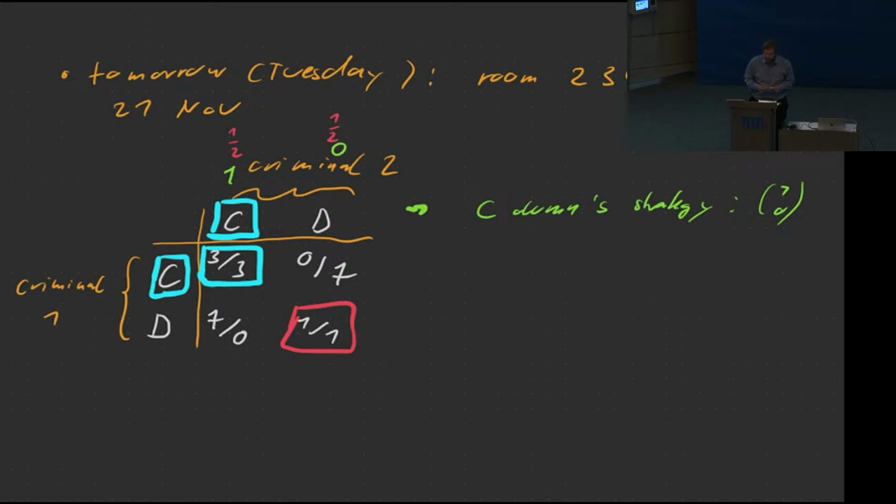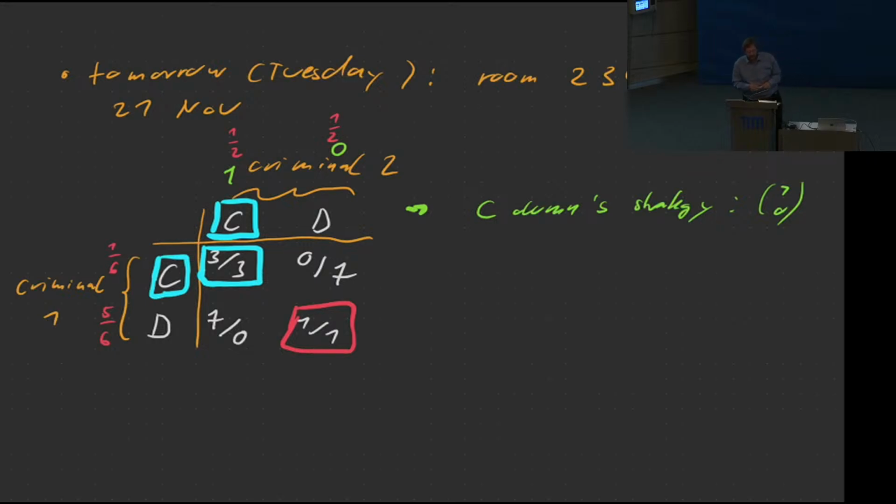Or you could say, I'm going to roll a dice. Let's not flip a coin, let's roll a dice instead. And let's say if I get 6, I'll confess, and for everything else, I'll deny. Right? That would mean your chances of confessing are 1/6, and your chances of denial are 5/6. So that would be your strategy in this case.